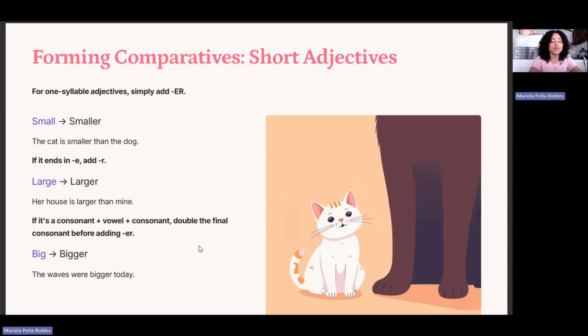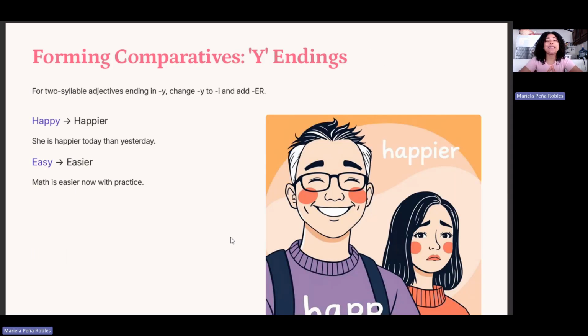And in the other rules, for adjectives ending in the letter y, this letter changes to i, the vowel i, before adding er, like happy, the word would be happier, or easy, the word would be easier, like we see on the screen.